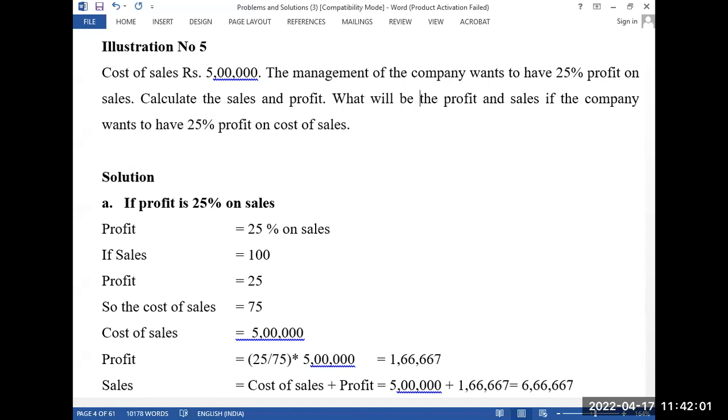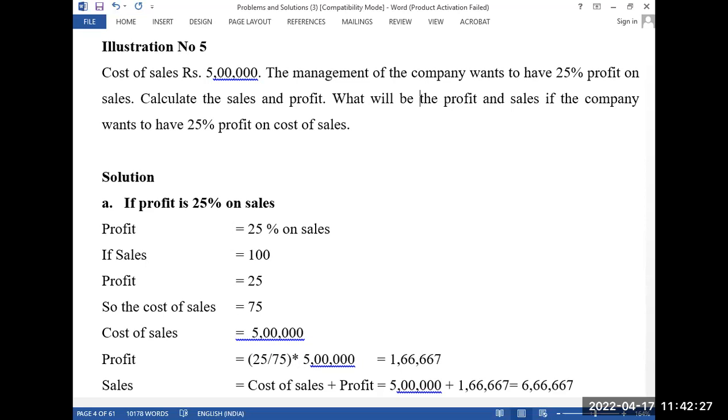Now it is 25% on cost of sales. Write it now. If profit is equal to 25% on cost of sales, cost of sales will be equal to 100.